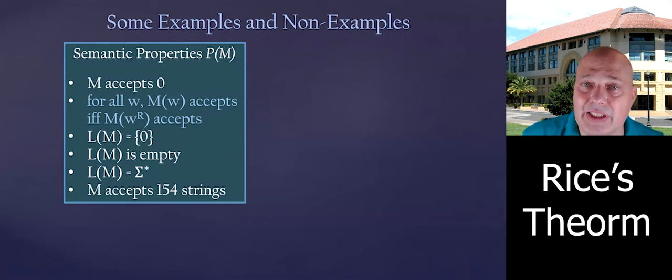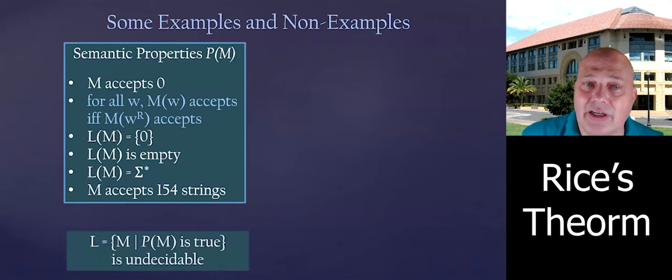These are semantic properties, and therefore, for all of these properties, the language that we get is undecidable.